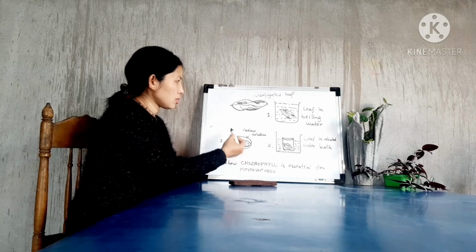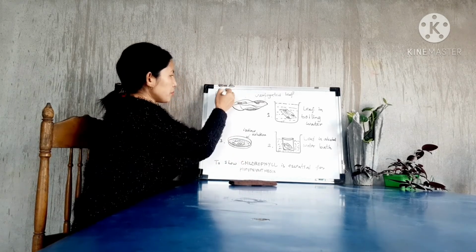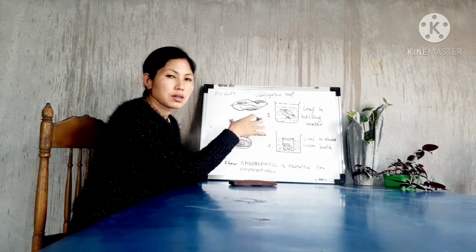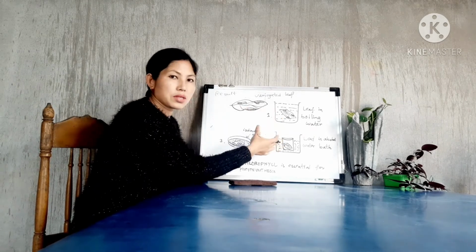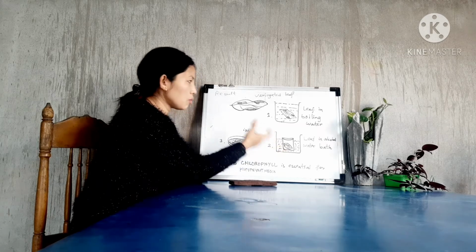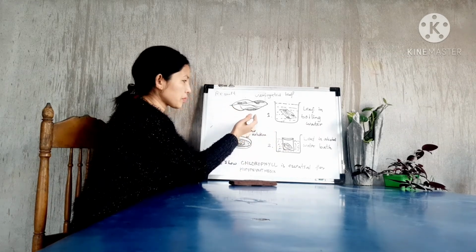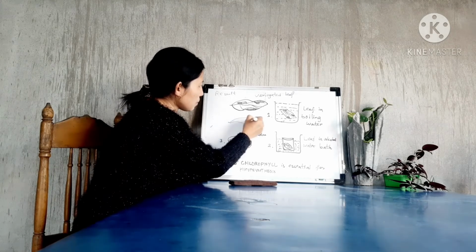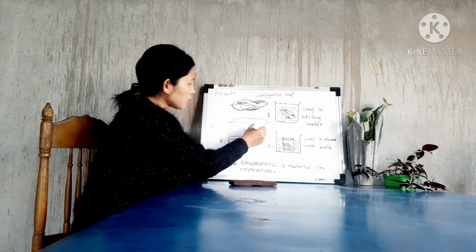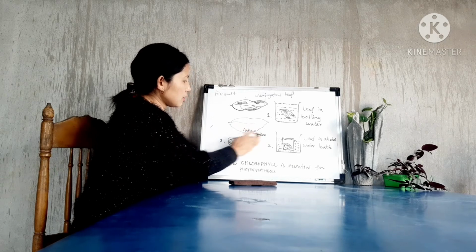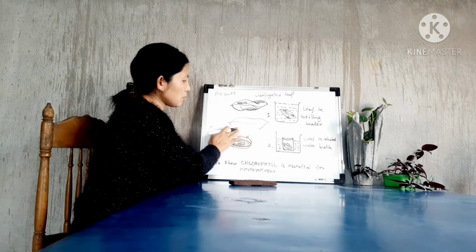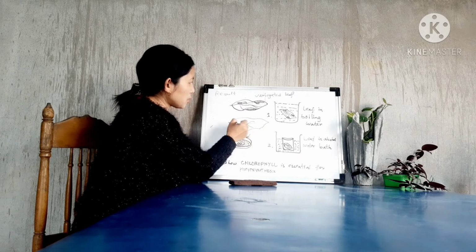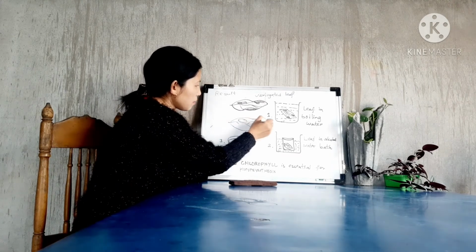So for the result now, as we have already marked earlier, before all these steps were done, we have already marked it on a paper. Now suppose this is the same leaf for the experiment, and these were the patches.